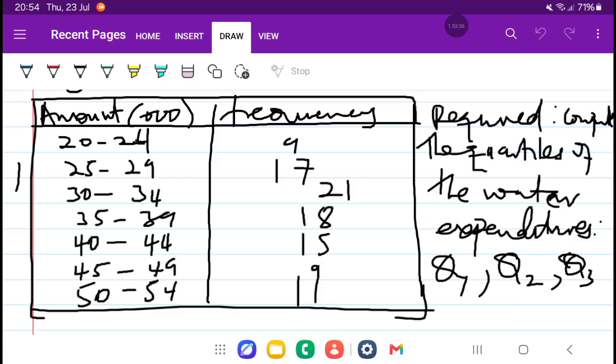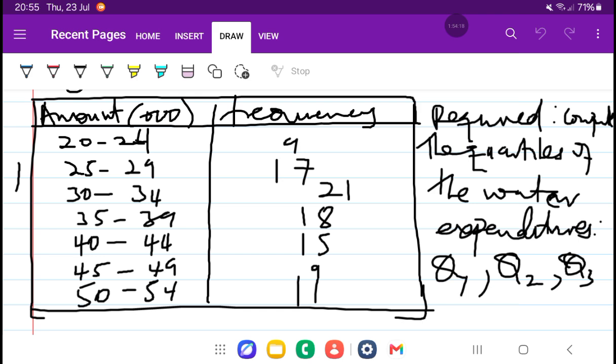We do the cumulative frequency table. Of course, we need to indicate these classes they have given to us. We put the frequency, we get the cumulative frequency, and lastly, the class boundary. You only put what you are going to use.